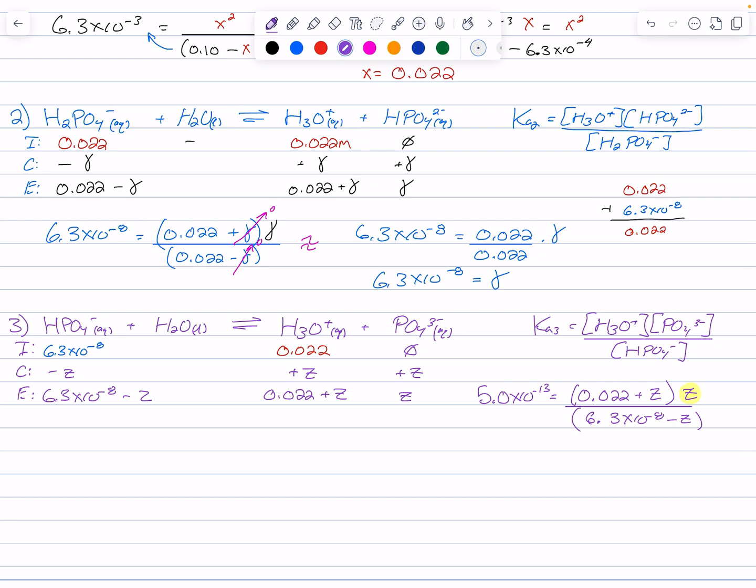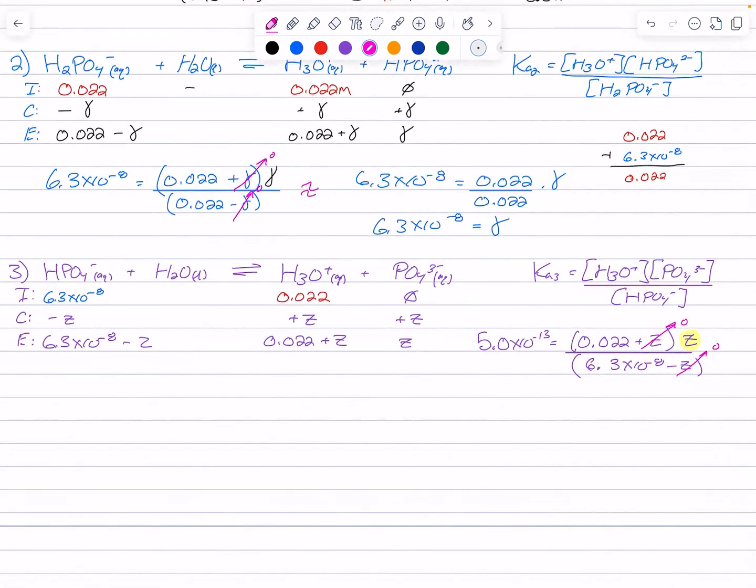Why? Because we can approximate the other ones, right? Because negative 13, negative 2, that's a big difference. We can approximate that to 0. And then, again, that's negative 8 and 13, still a huge difference. That's 0. So we're going to approximate this to 5.0 times 10 to the minus 13 equals 0.022 times z all over 6.3 times 10 to the minus 8.